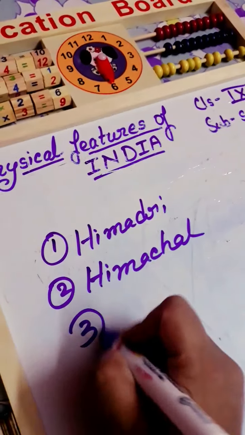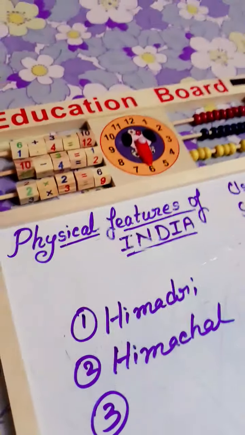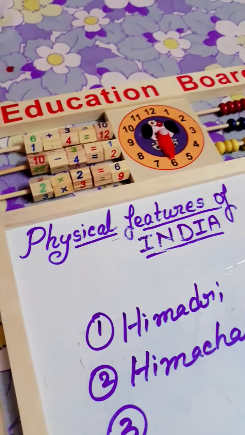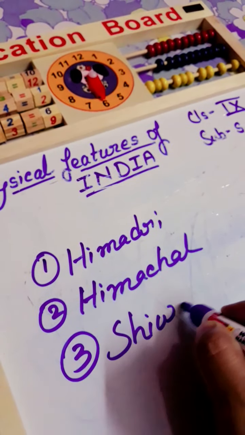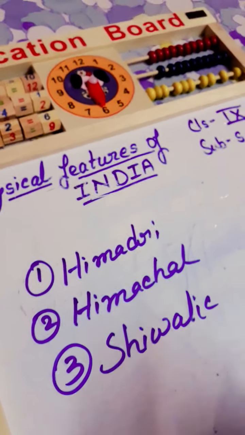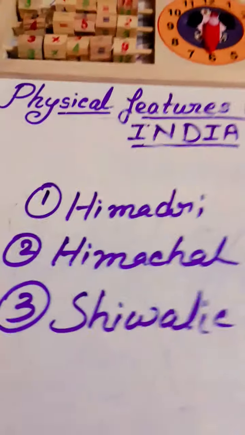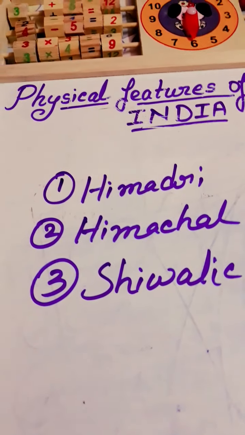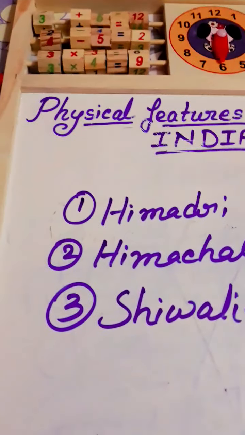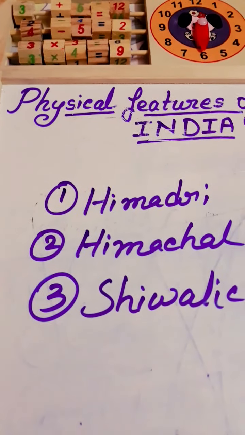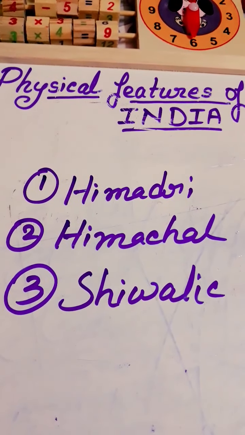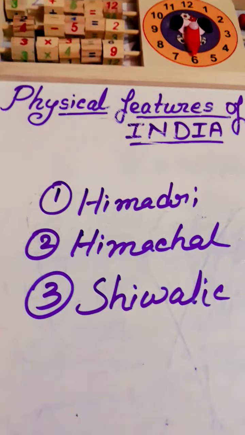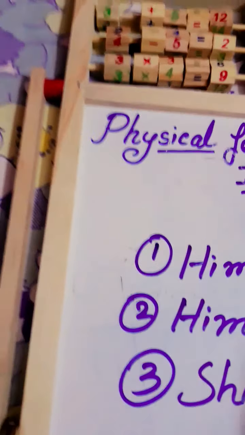And number 3, the lowest most portion of the Himalayan mountain, it is known as Shivalik. Okay. So there are mainly 3 parts of the Himalayan mountain. Number 1, the Himadri. Number 2, the Himachal. And number 3, the Shivalik.